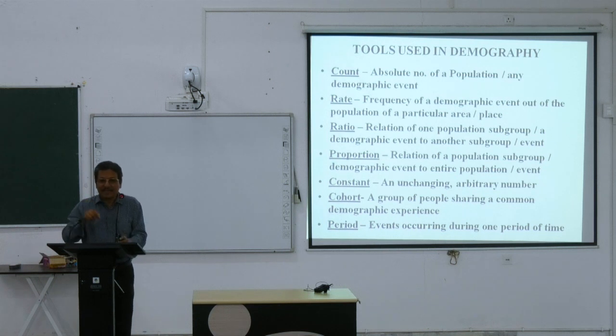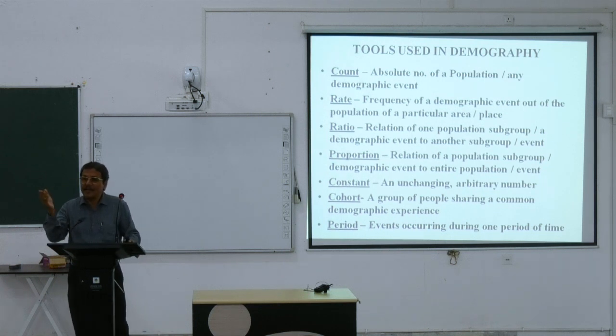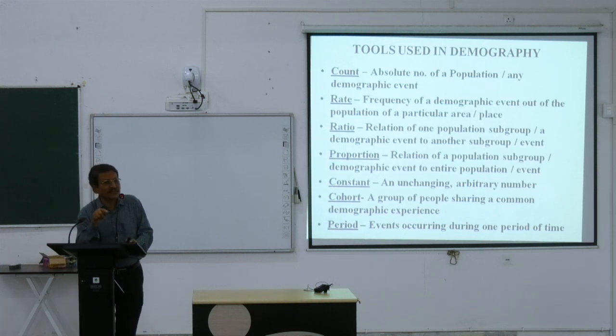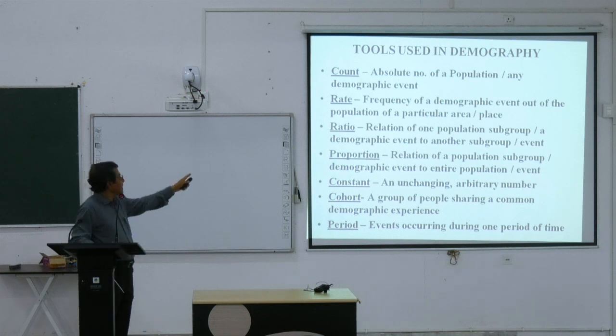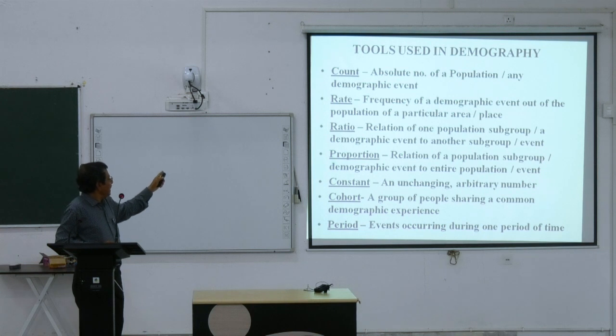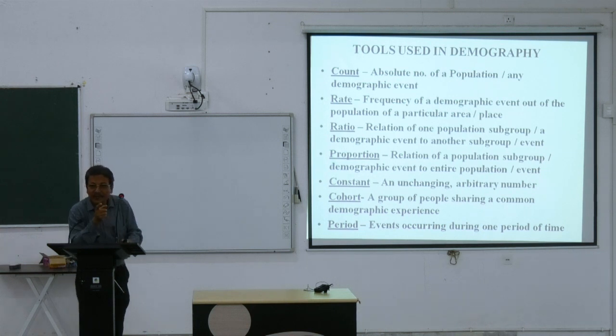In our country, sex ratio is usually defined as the number of females per 1000 males. So the sex ratio of this class is the number of females divided by the number of males. That is a ratio, and also the relation of one demographic event to another demographic event.